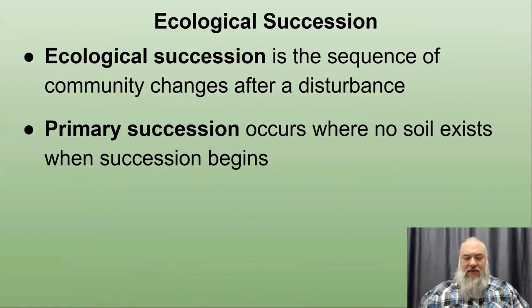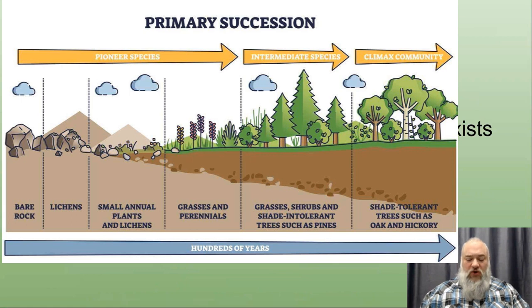So we're talking about bare rock, no living organism or soil for plants to take root in. Think a volcano, right? New islands, or a glacier will retreat. Those would leave no soil, everything scraped clean. That's primary succession.